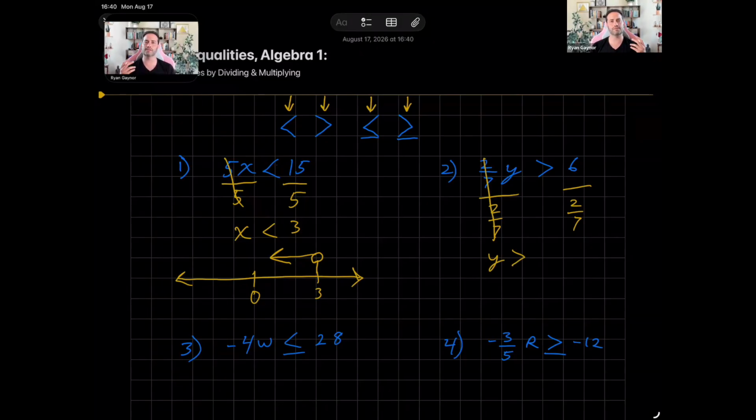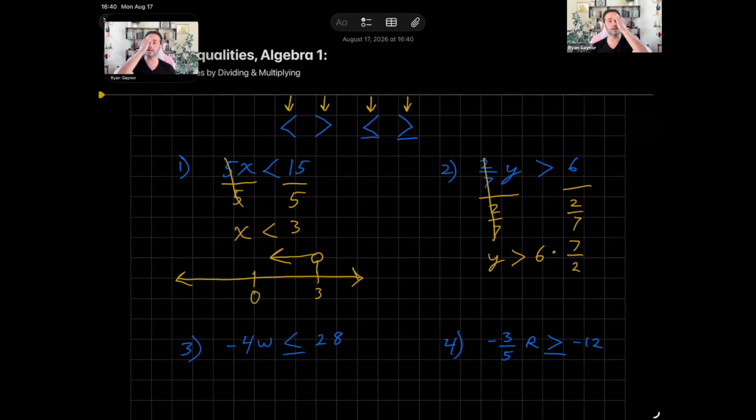Now, when you're dealing with fractions, you have to do keep, change, flip. If I'm dividing by a fraction, then I have to do keep, change, flip. So I'm going to keep the first one, change to multiplication, and flip this so it says 7/2.